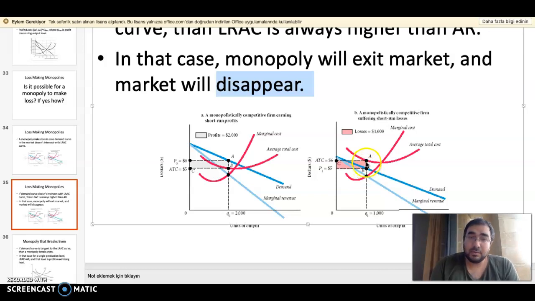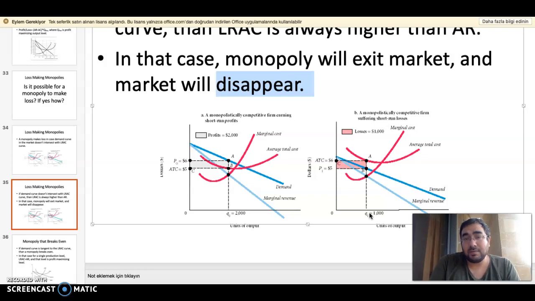So again, you subtract the average cost from the average revenue, and you find a negative amount, and you multiply it by the quantity. You find a negative amount again. In this case, it will be minus 1000, and it will be, of course, a loss.